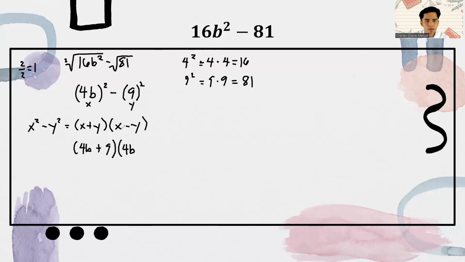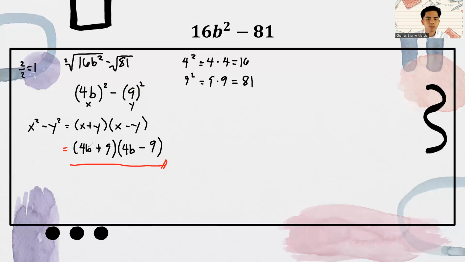Itong x magiging 4b, then copy minus sign, then yung y, that is 9. Okay, so ito na yung factored form natin. Okay, so this is the final answer, yung factored form ng 16b squared minus 81.